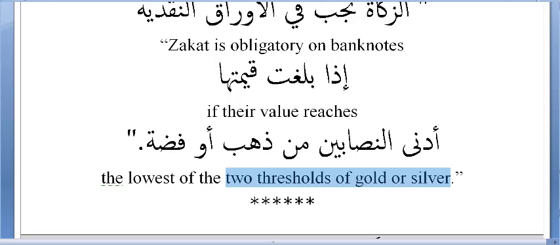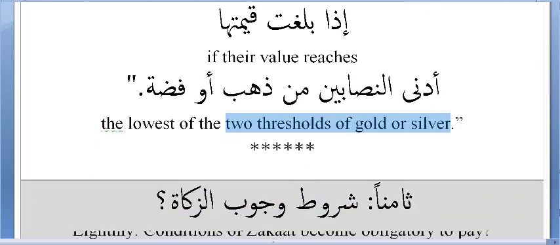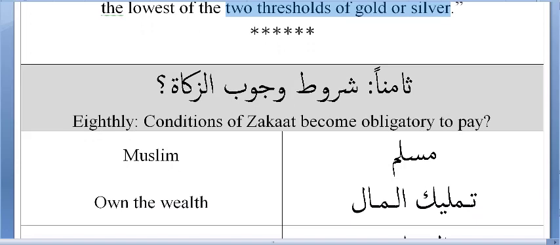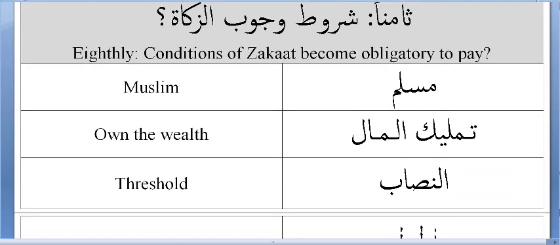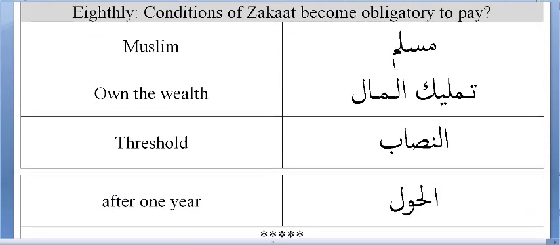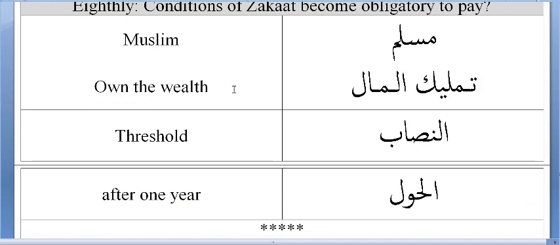One point left here, inshallah, or two points. Shurut wujub zakah: when will the zakah be wajib upon you? Number 1, Muslim. It's also required from kuffar, but it's not wajib because they didn't take shahada. Number 2, tamlikul mali: you own wealth, money, livestock, you are a farmer, whatever.